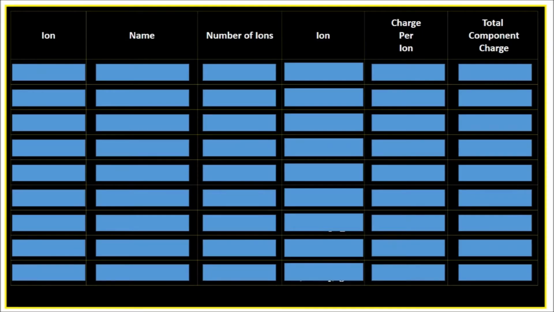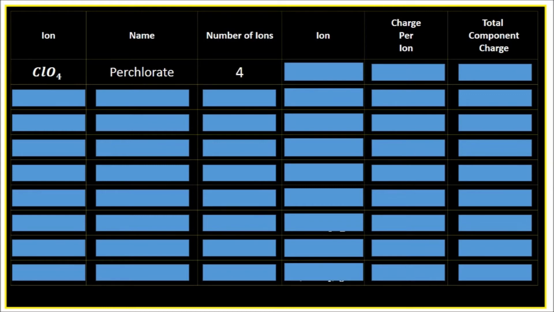If I use the parentheses and I don't need more than one, for instance, sodium chlorate, then that would be incorrect. Now, what I have here is a chart, and the chart has ions, and then I name the ion, and then I say the number of ions that I want to indicate, and that would be 4.